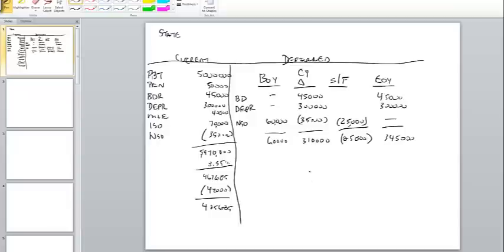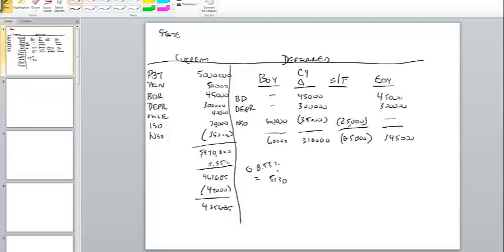If I take these numbers at 8.55%, 60,000 times 0.0855 is 5,130.